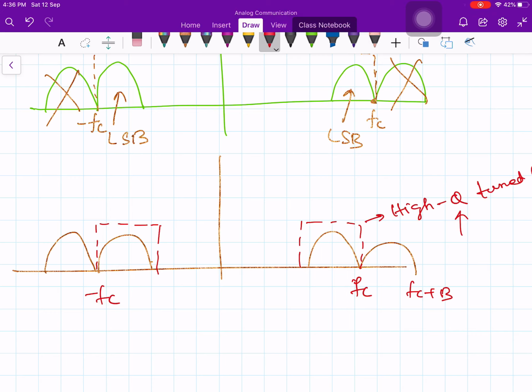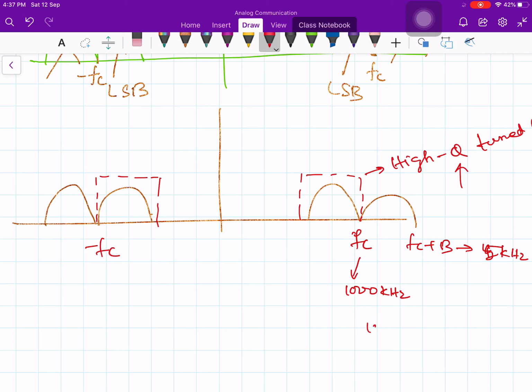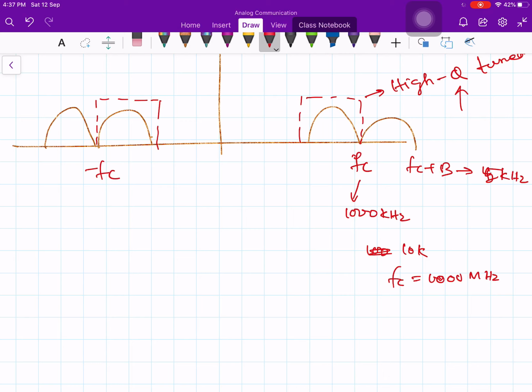Suppose Fc is equal to 1000 kilohertz, I mean 1 megahertz, and bandwidth, let's say 5 kilohertz each side. Then the bandwidth is equal to 10 kilohertz, but the carrier frequency is very large. Therefore this is narrow band. If bandwidth divided by your center frequency Fc is less than 1, then you say that is narrow band.